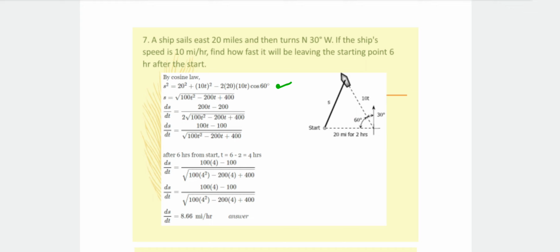After that, simplifying, taking the square root to get S, we're going to differentiate this with respect to t. You notice it's like a pattern, right? Differentiate with respect to t, from your governing equation. The question is, how fast will it be leaving the start point 6 hours after the start?